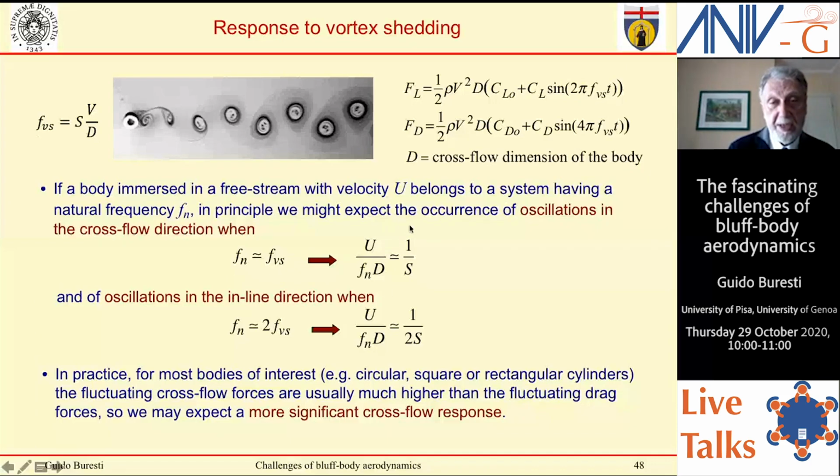So this relation must be satisfied for the velocity, and you have oscillations in the in-line direction at double the frequency. But in practice, the most important are the cross-flow oscillations, so we will talk about those.